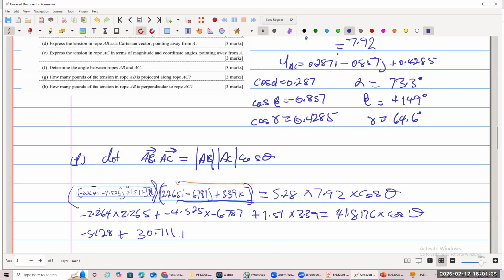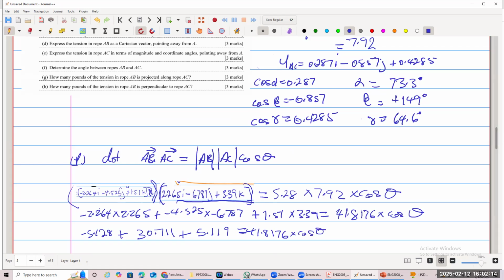All right, and then the next one would be what? 1.1 times 3.39. So you get 5.119, equals to the 41.8176 cos theta.